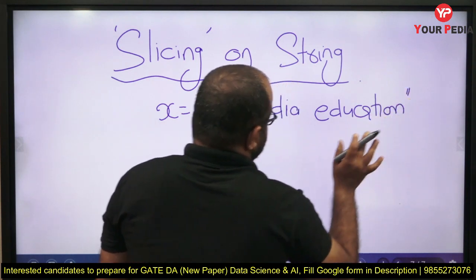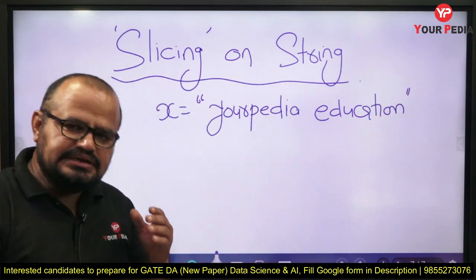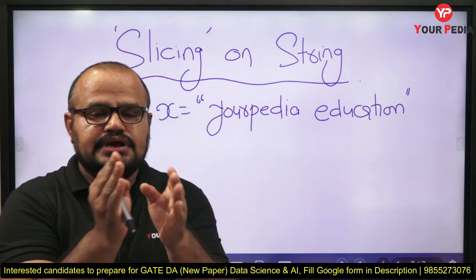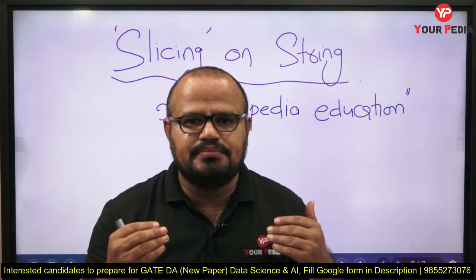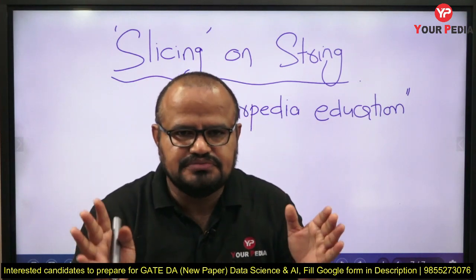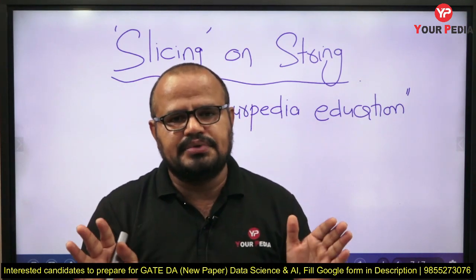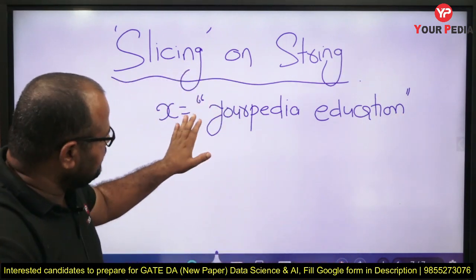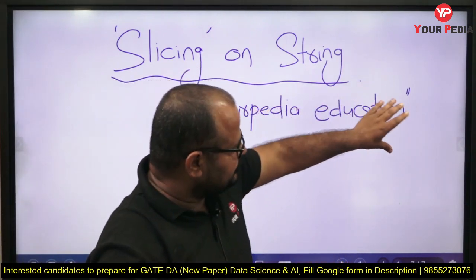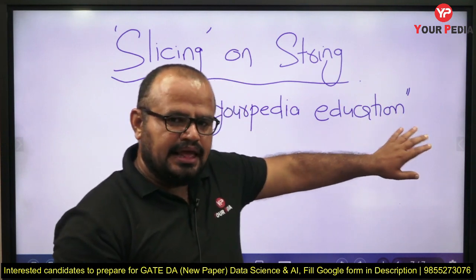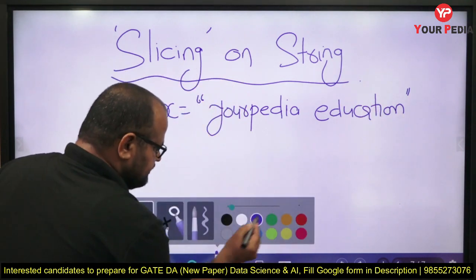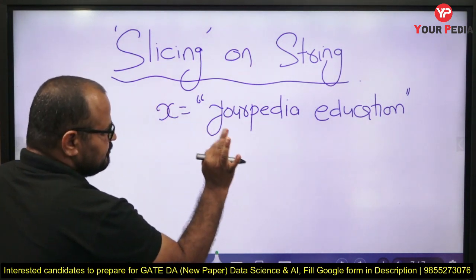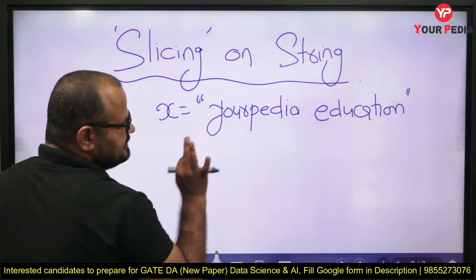See, my dear students, in C we have arrays. Array means consecutive memory cells of some specific size are given to me. In the case of a string also, the string is stored somewhere in memory, and each character has an index, suppose starting from 0.